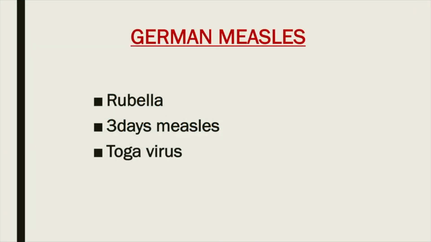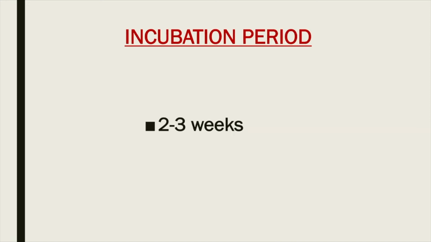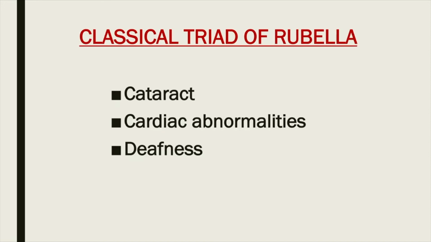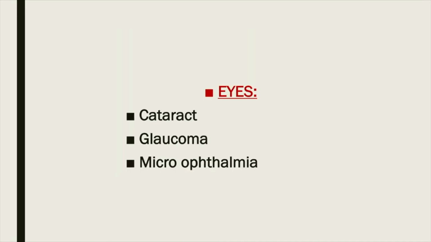German measles, also known as rubella, 3 days measles, caused by Toga virus. Incubation period 2 to 3 weeks. Classical triad of rubella: cataract, cardiac abnormalities, and deafness. In eyes, cataract, glaucoma, microphthalmia.